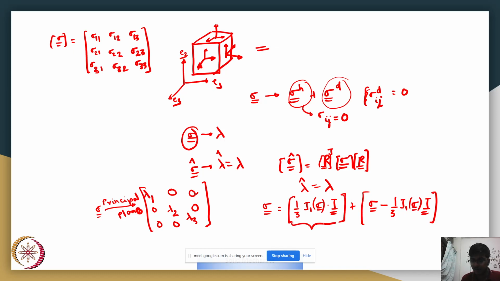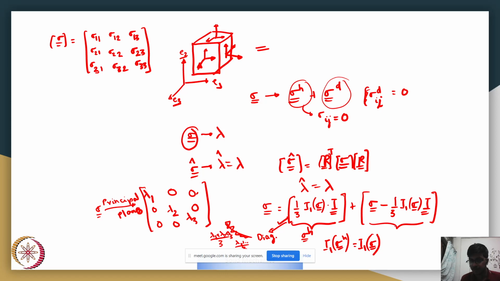If we look at the first invariant for this matrix, which I'll name sigma h, we see that I1 of sigma h is nothing but I1 of sigma. And this clearly is a diagonal matrix. It should be lambda 1 plus lambda 2 plus lambda 3 by 3, then the same for lambda 2, and so on.